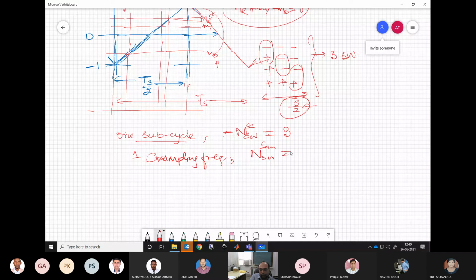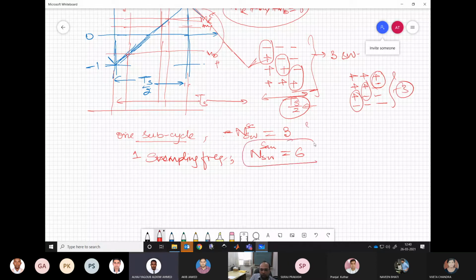How many would be there? 6. Because 3 in this, and then we will come back plus, minus, and again minus. So this is how the switchings would be. Again 3 more switchings. Correct? So in one carrier cycle, we have 6 switchings in all 3 phases.